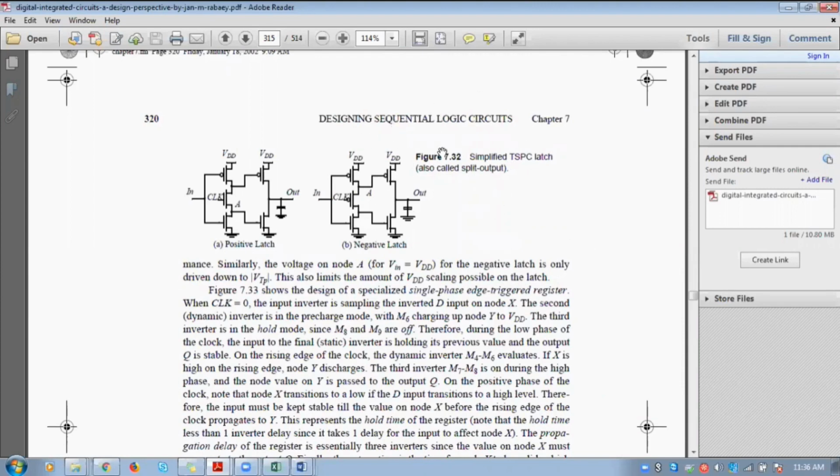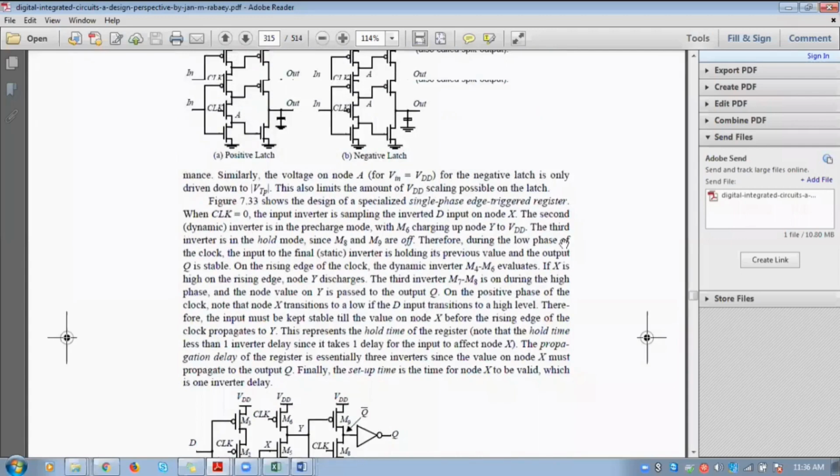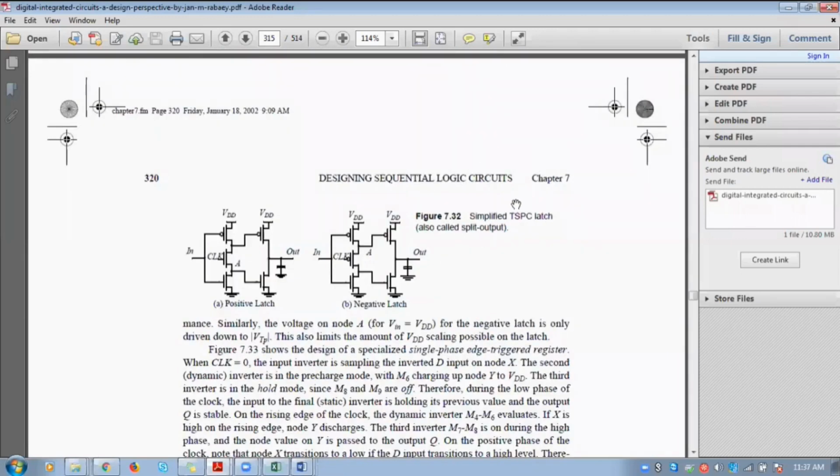Only in this diagram have they mentioned the split output name, nowhere else in the textbook. You can get this type of question if they want to set a difficult question paper. So at that time you have to remember this alternative name also, split output. This is a simplified true single phase clock latch.